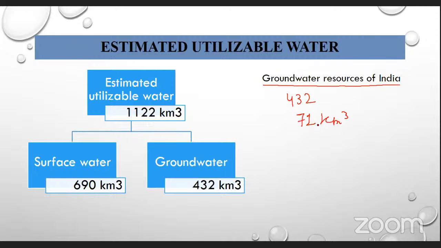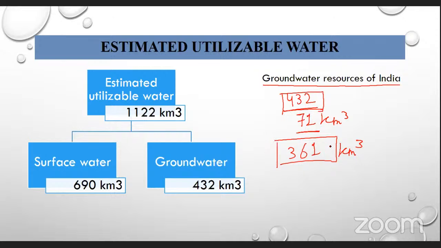And if we talk about irrigation, whatever groundwater is there, 71 kilometer cube we are using for domestic use. So how much water will be left for irrigation? It will be 432 minus 71, which gives 361, so 361 kilometer cube of water will be available for irrigation.